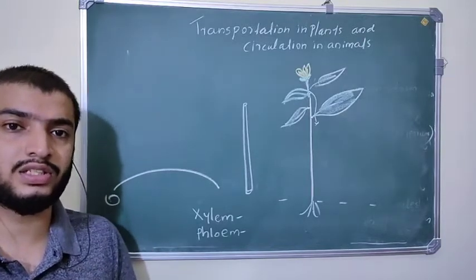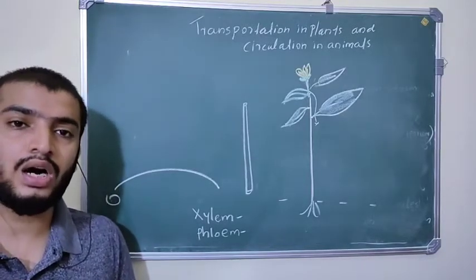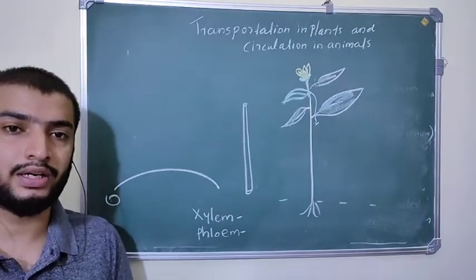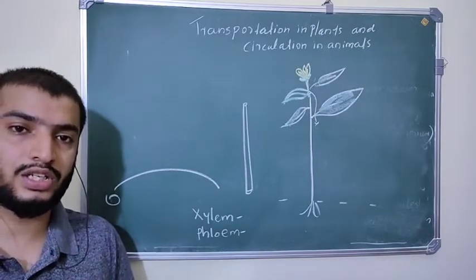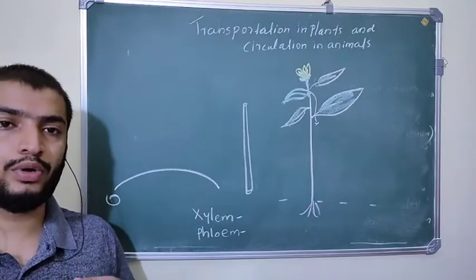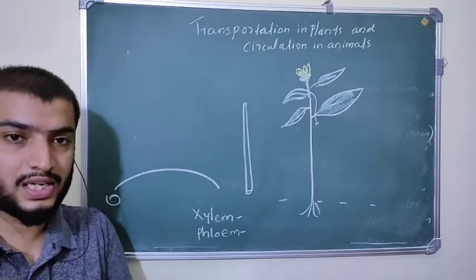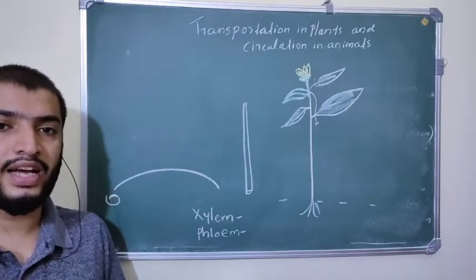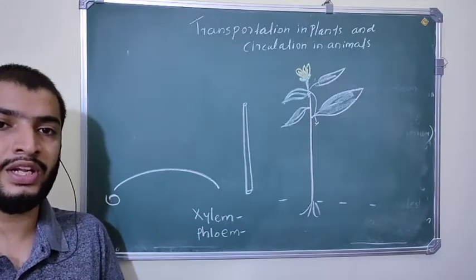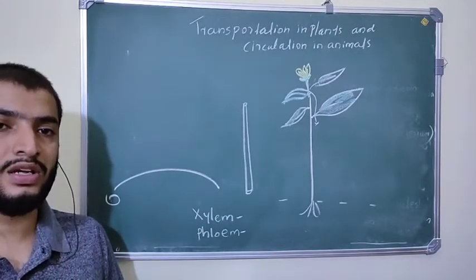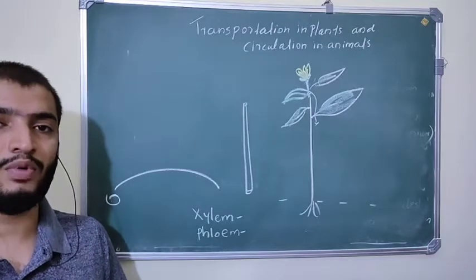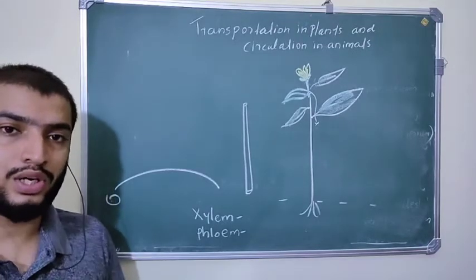This circulatory system consists of the heart, blood vessels and blood. With the help of the circulatory system, they distribute oxygen and nutrients to the cells, and they take excretory or waste materials, and these waste materials are removed with the help of this circulatory system.